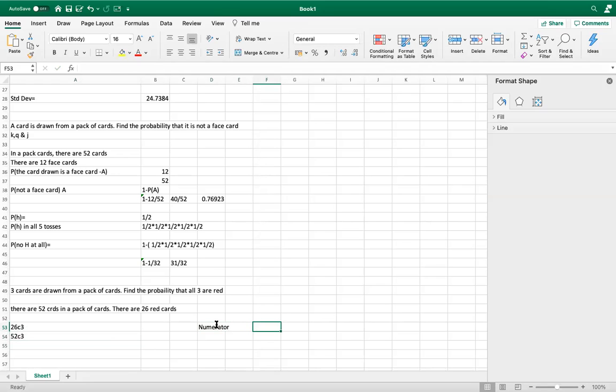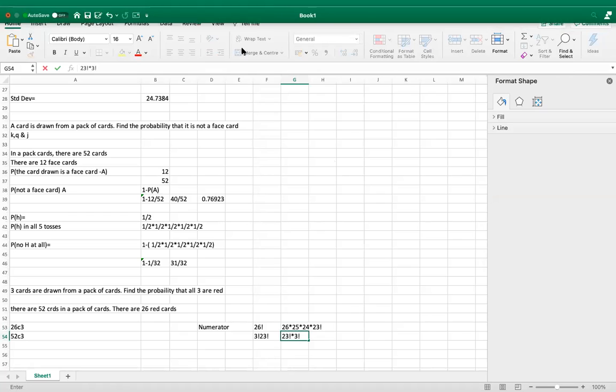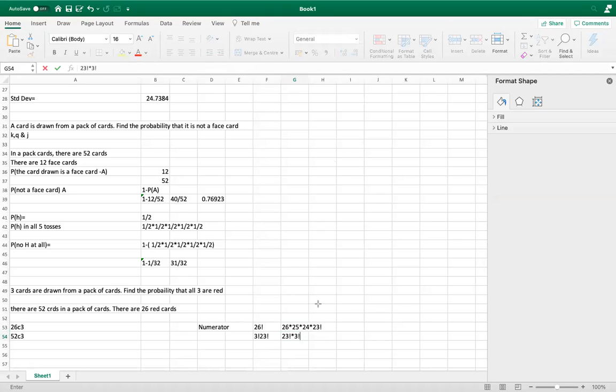I will say 26 factorial by 3 factorial into 23 factorial, which is equal to 26 into 25 into 24 into 23 factorial लिख देती हूँ. 23, 22, 21 ऐसे जाता रहेगा ना. So here also 23 factorial into 3 factorial. So can I just write this off? Strike off this.